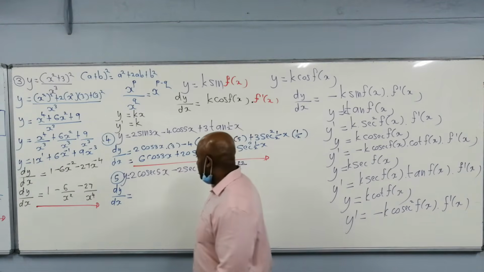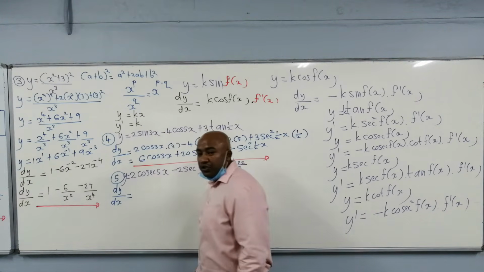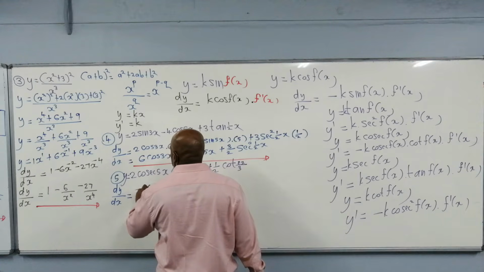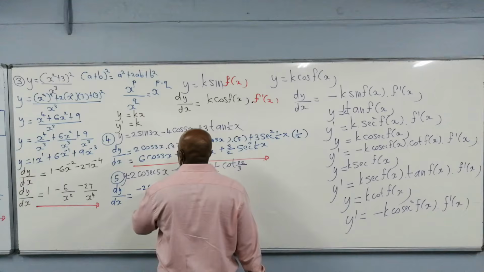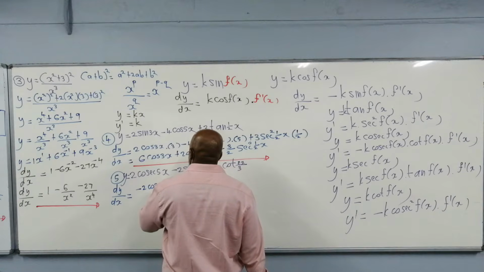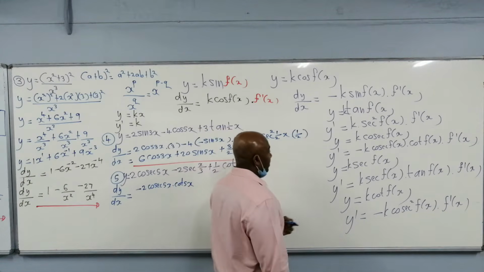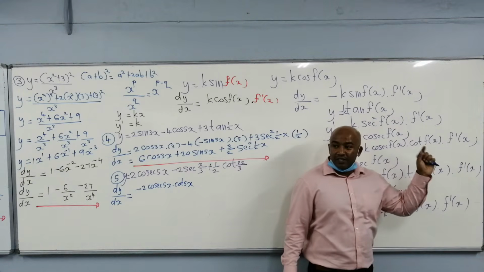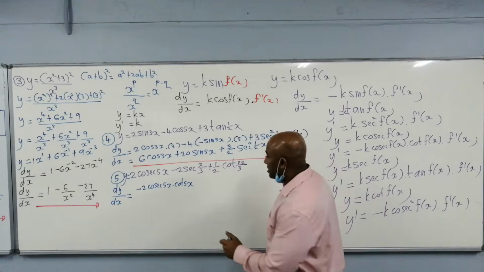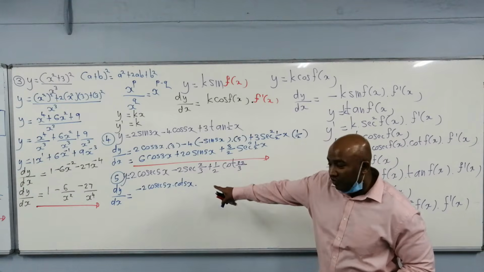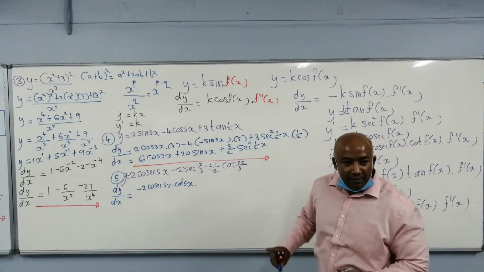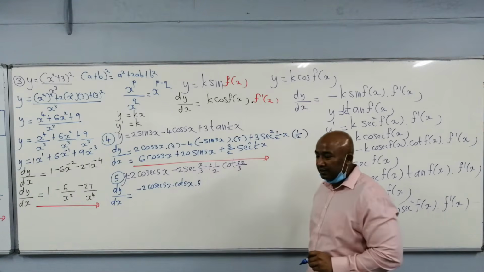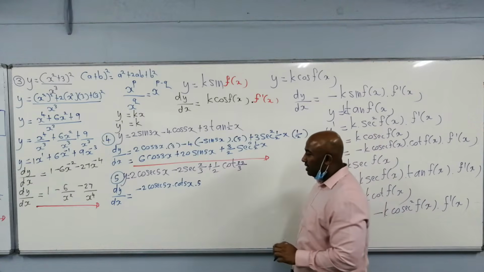The derivative of 2 cosec 5x will be negative 2 cosec 5x times cot 5x. I'm going negative cosec times cot, and then at the end, always f prime x. So that's going to be times the derivative of 5x, which is 5. So that is cosec.